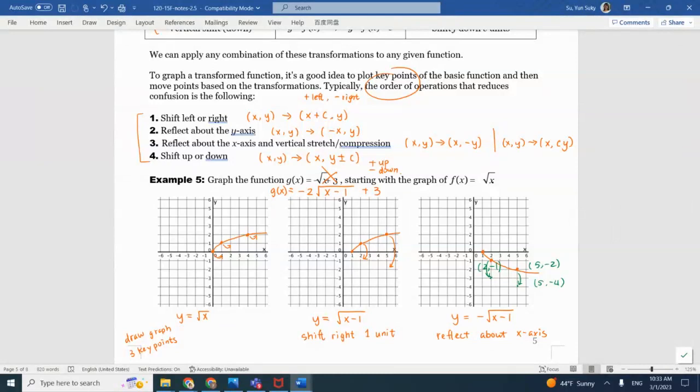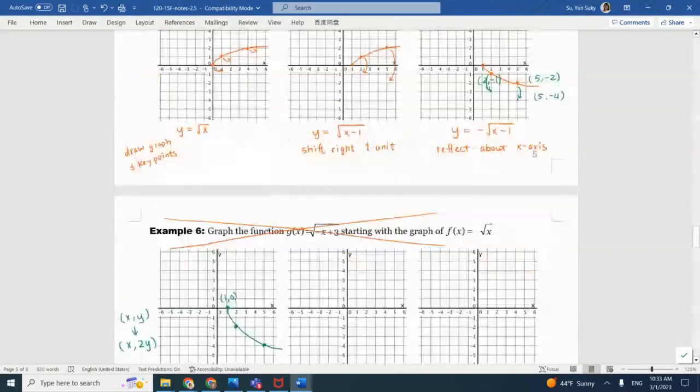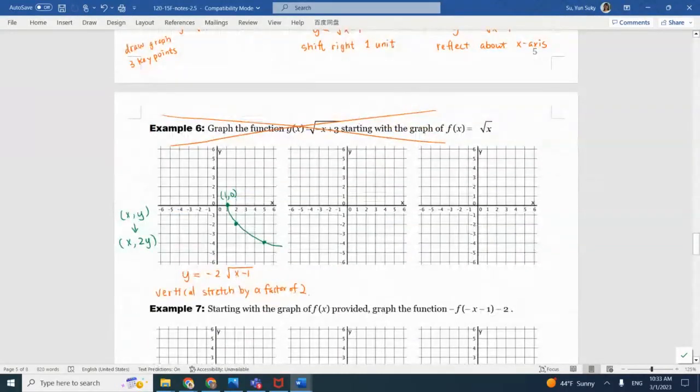Yes, up 3. Okay. Now, how would the formula change? So see, the formula is like the previous step, and now we add 3 to it. Right, everybody? And the transformation is we shift up 3 units.